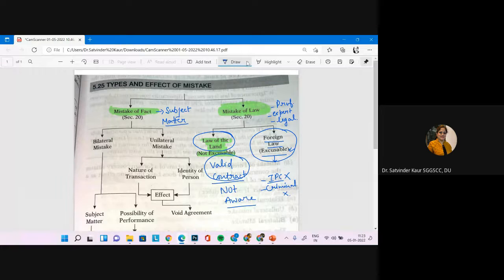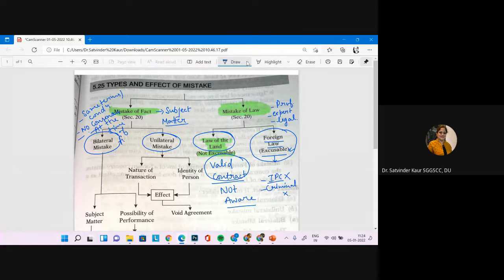So it would depend upon whether both the parties are at mistake or both the parties are not at mistake. If both the parties are at mistake, it means there is no consensus. No consensus means that parties have not agreed about the same terms and conditions at the time of formation of contract, right?